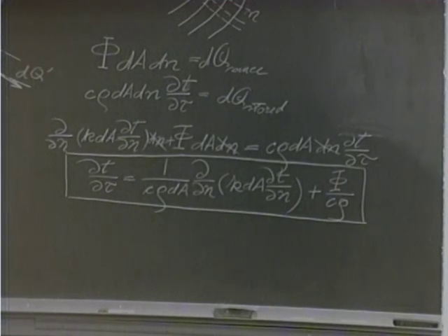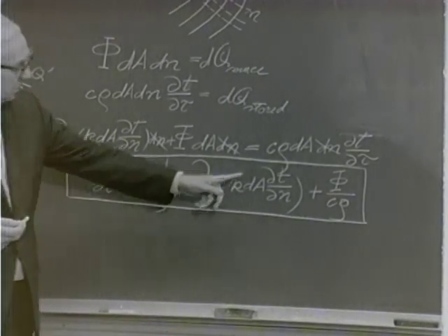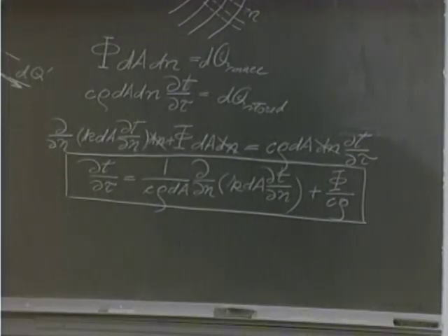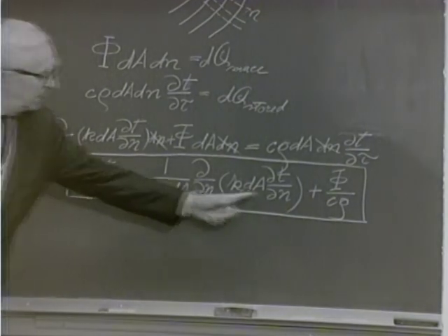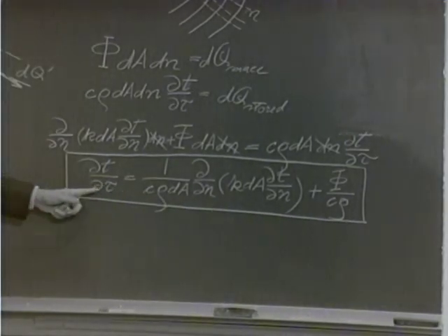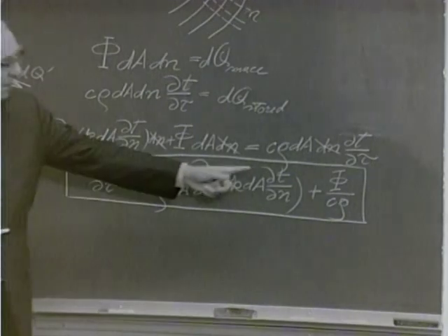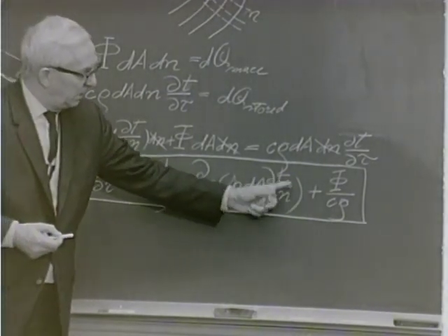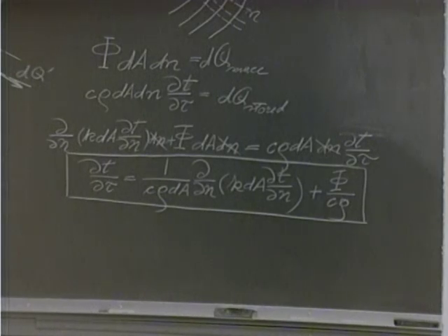In addition, we have something else. Here we use the partial differential sign because the temperature, and we are interested in calculating the temperature, depends for a general situation on location as well as on time. If we have a steady situation, then the temperature along a stream tube depends on location in the stream tube alone.